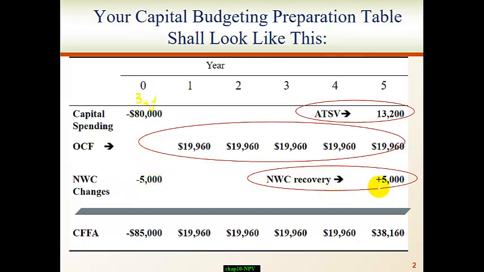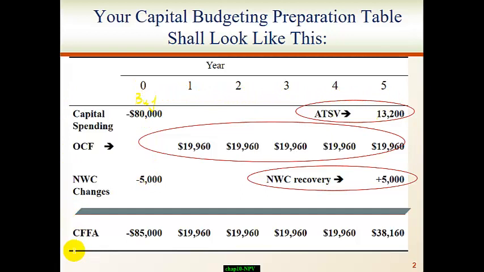But remember, do not forget to recover this amount in the end. Sometimes they don't specifically mention that net working capital recovery in the end. You still need to recognize and add it back. So after we finish the three categories, you can add up all three of them and figure out the cash flow from assets for year 0, 1, 2, 3, 4, 5.